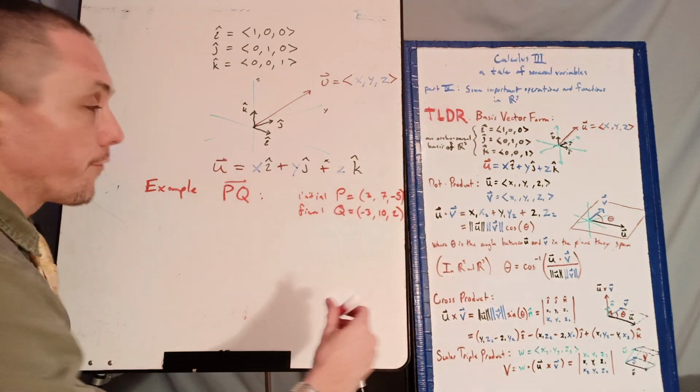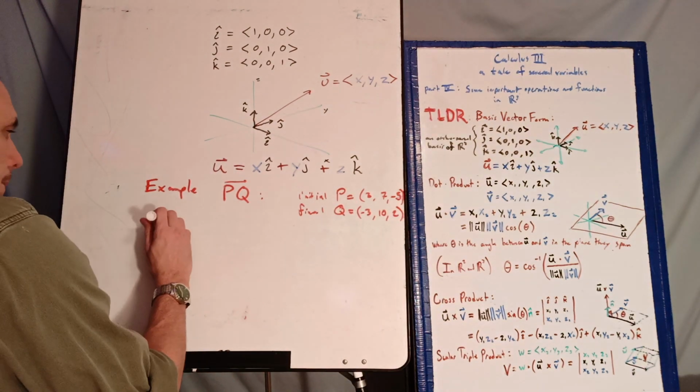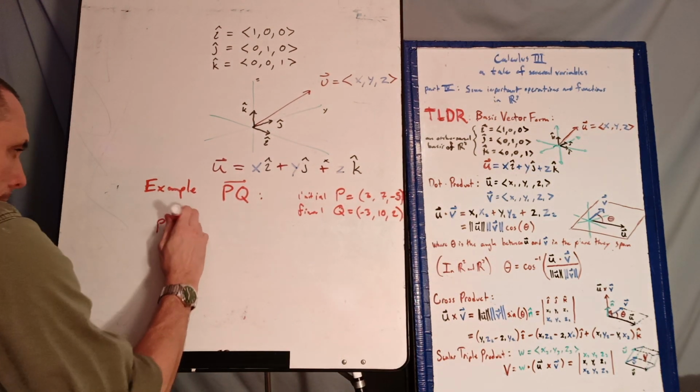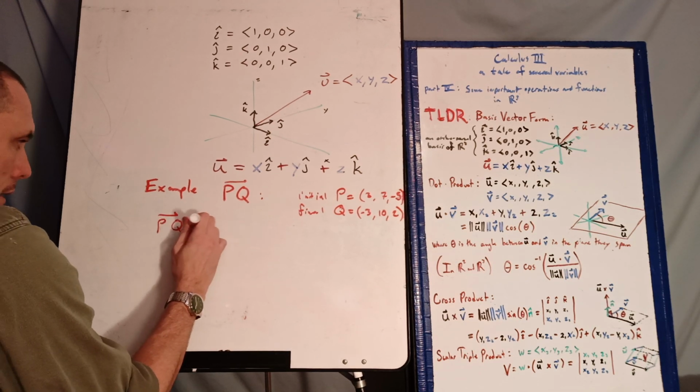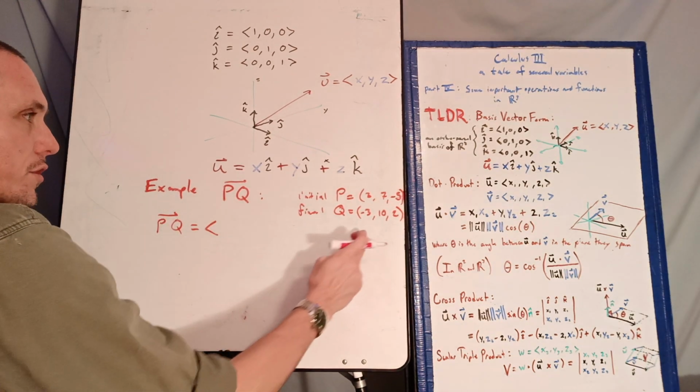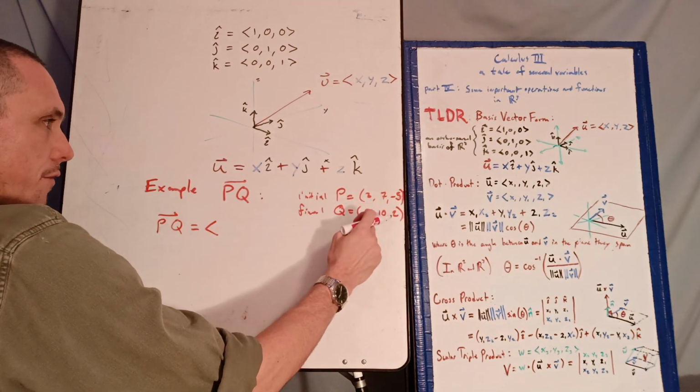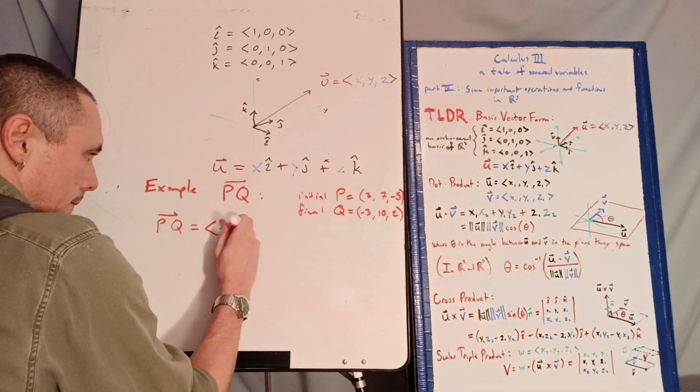And let's write it in its various forms. Let's write it in component form first. So in this case, PQ would be equal to, well, we just take the difference of the two components again, final minus initial.